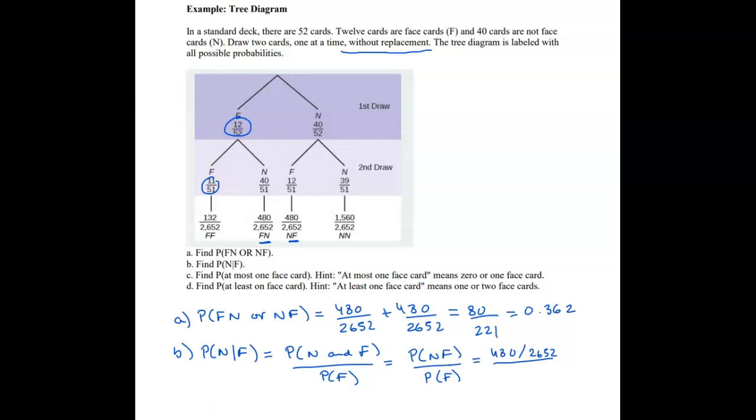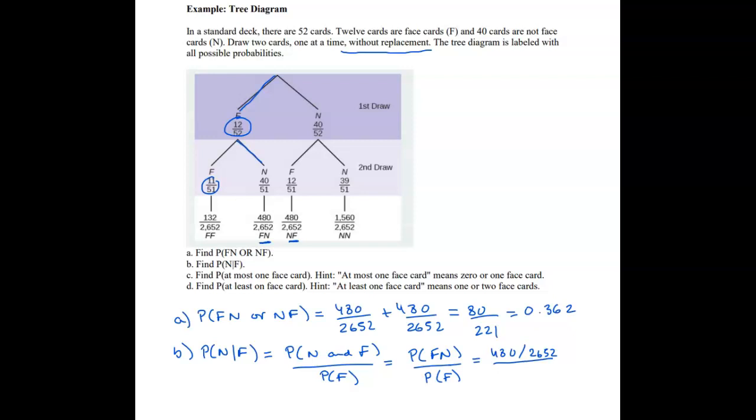Probability of picking a face card, actually, I know that they're the same, but just to be picky, this is going to be FN because we're going down this branch. So we're told that we know the first card is a face card, and then we want the second one to be a non-face card, so we need to follow that branch.